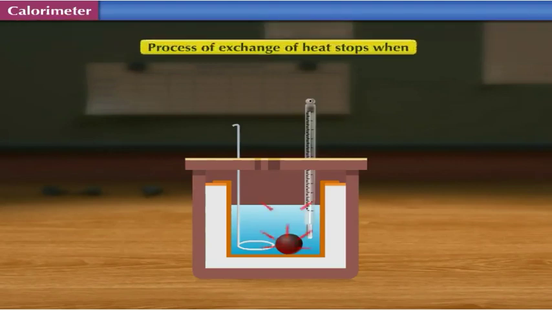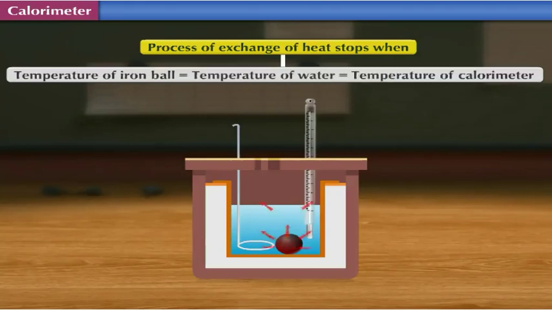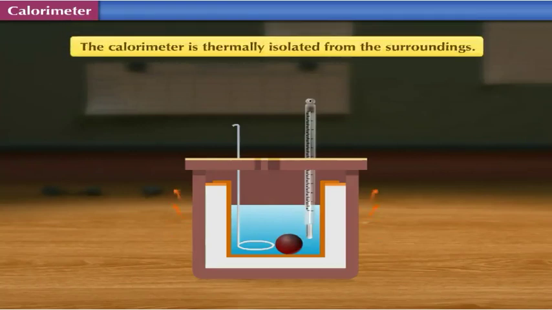The process of exchange of heat stops when all the three, that is the iron ball, water and the calorimeter, reach the same temperature. As discussed earlier, the calorimeter is thermally isolated from the surroundings.